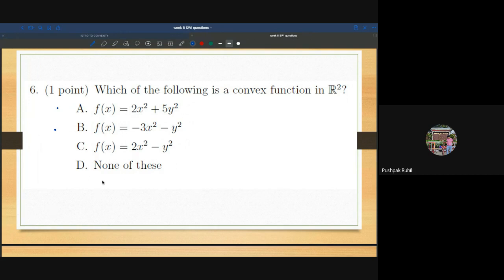All right, let's take this question now. So, are you guys aware of the method to solve these type of questions? All right. So, what we usually do is, if we are talking about a single variable function, then we use the double derivative test.